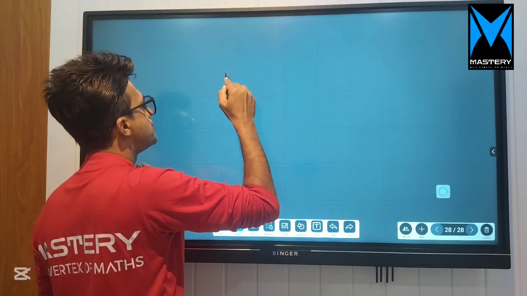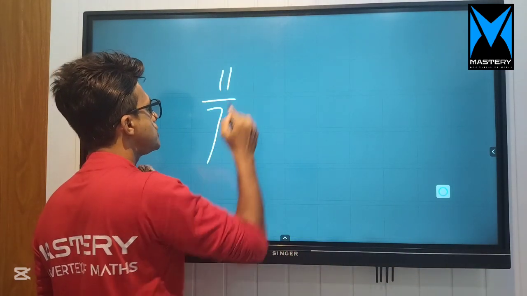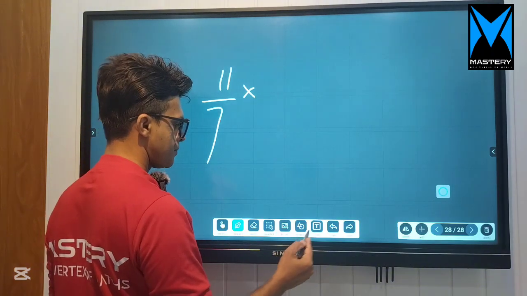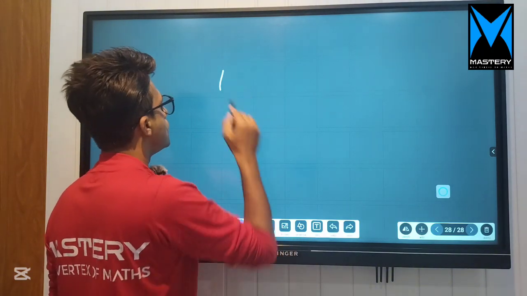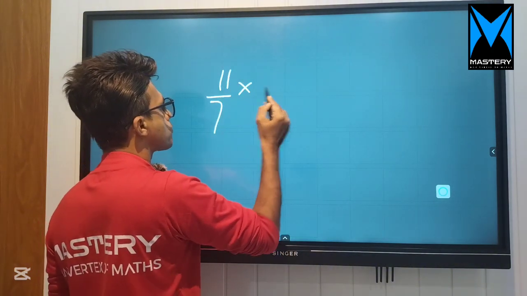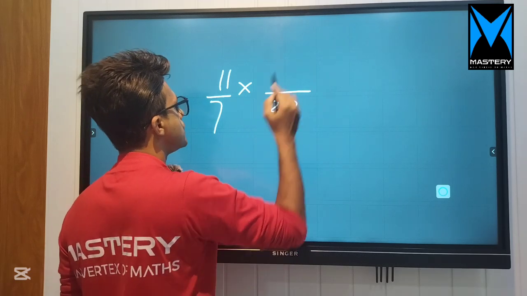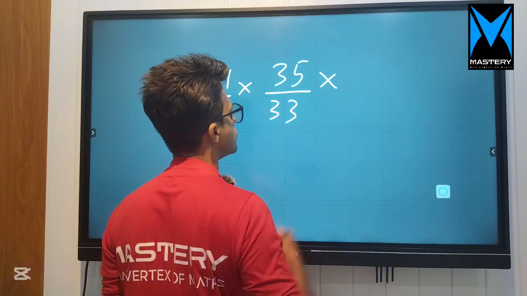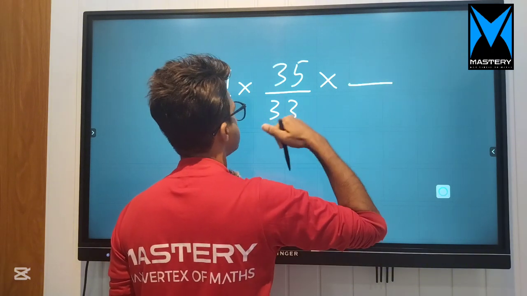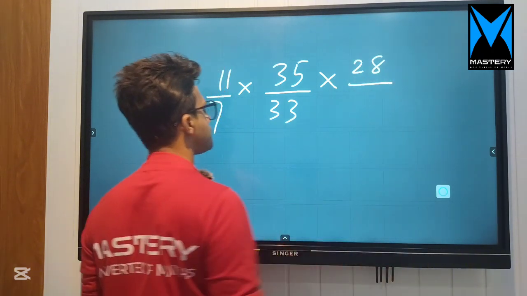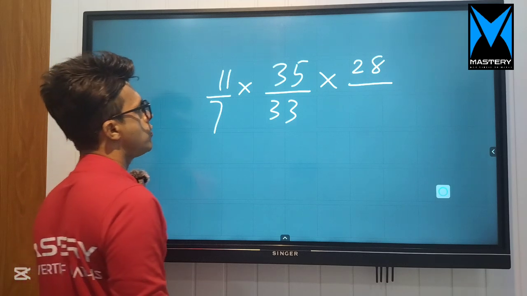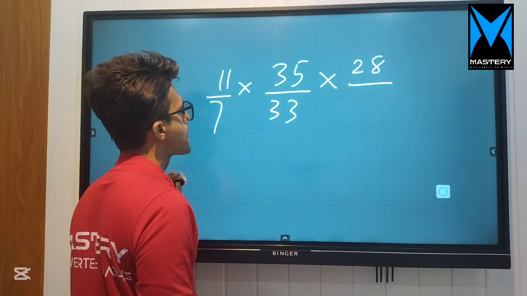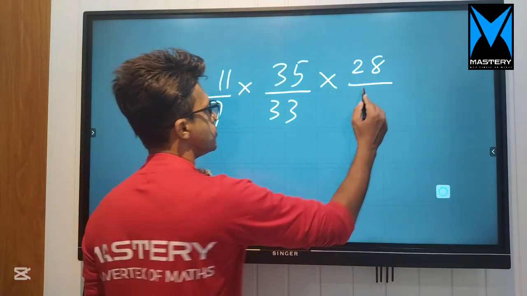Think of this one: 11 over 7, here 33, here 35, into 28 over 5.